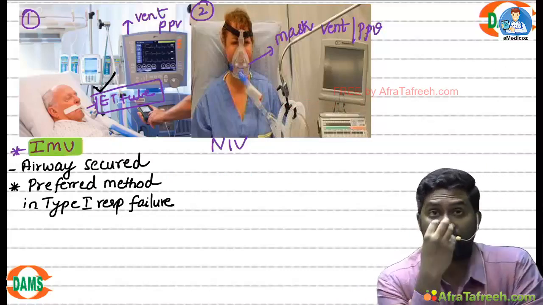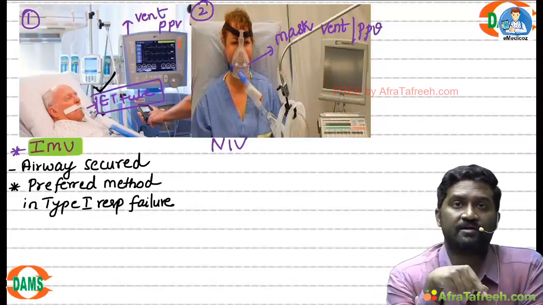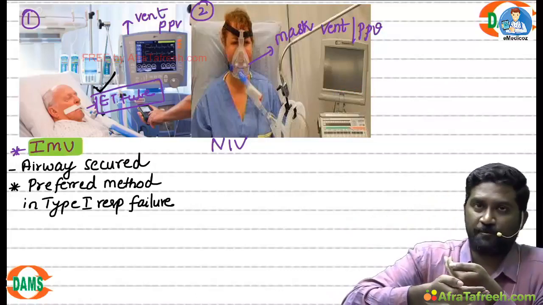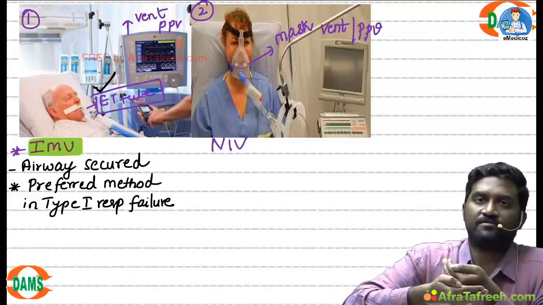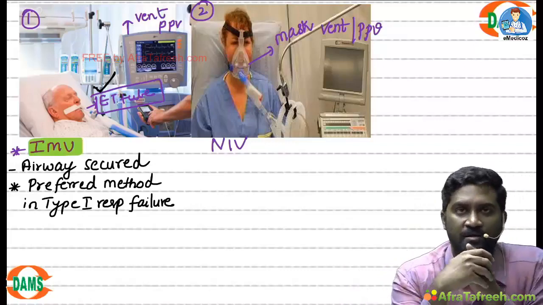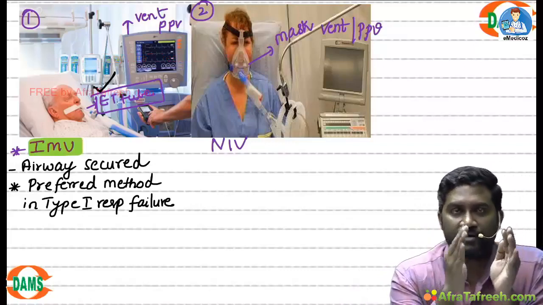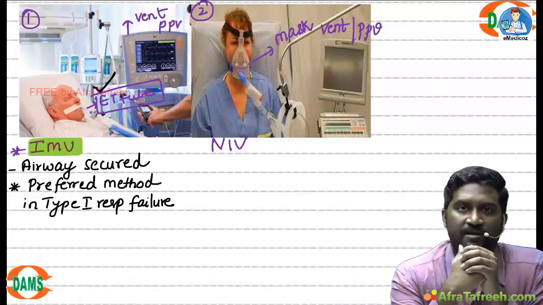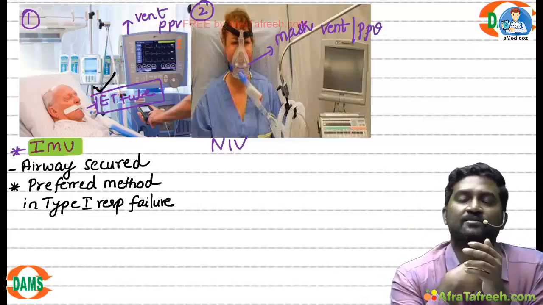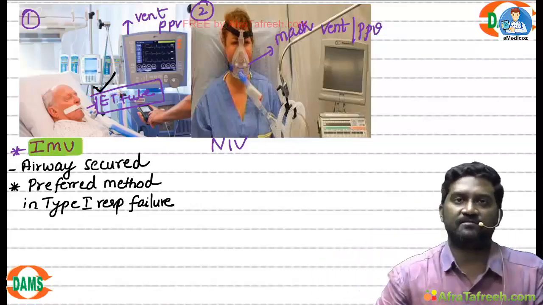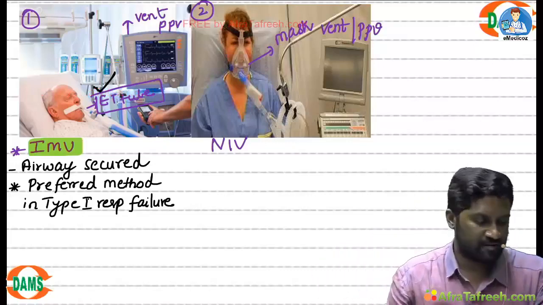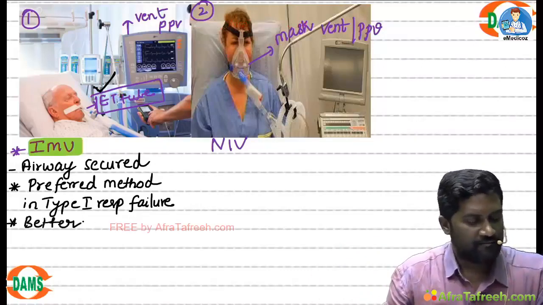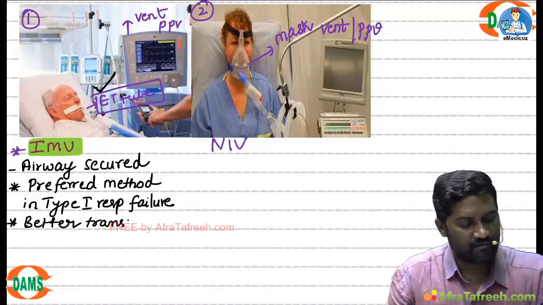Is it pressure at the nose or giving pressure directly into the lung? If you give pressure directly into the lung, that pressure can push the oxygen into the circulation. So for better transfer of gases, you need to give invasive mechanical ventilation. The reason is IMV will cause better transfer of gases.